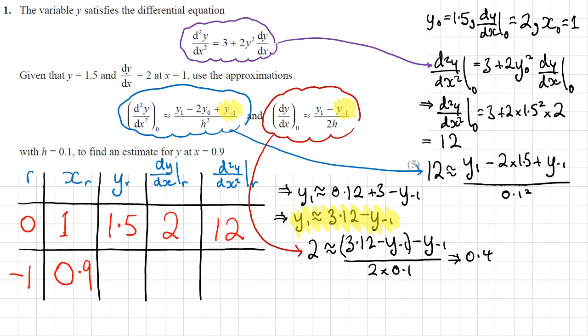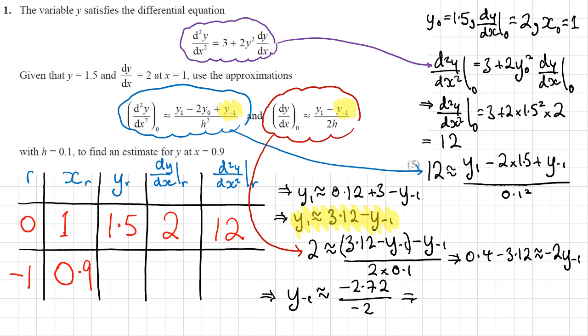And then if I subtract the 3.12 from both sides, that'll be approximately negative 2 lots of y sub minus 1. So from there, y sub minus 1, which is what I want to find, is going to be approximately 0.4 minus 3.12, and that is negative 2.72, and that's going to get divided by negative 2.